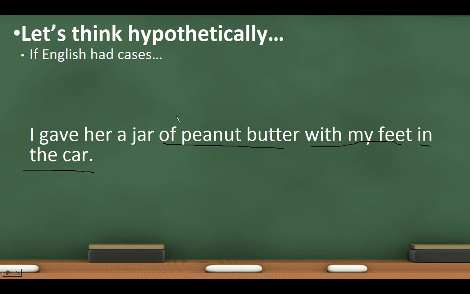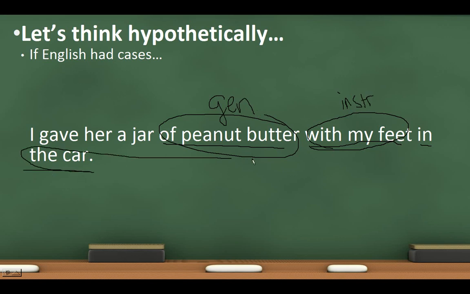So you would know that all of this right here would be in the genitive case. And if it's in the genitive case, then there is no of. With my feet would be in the instrumental case because it answers how. And then in the car would be the prepositional case because it's in, on, or about.